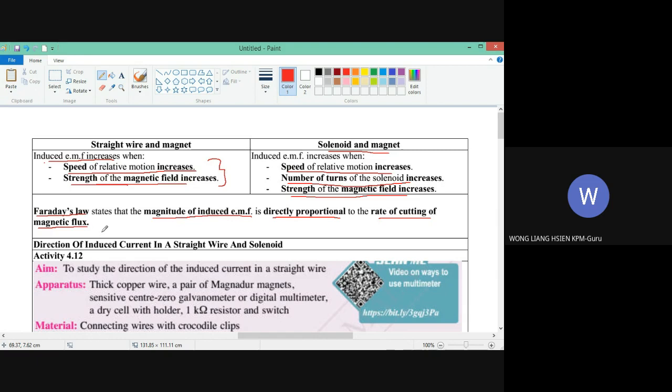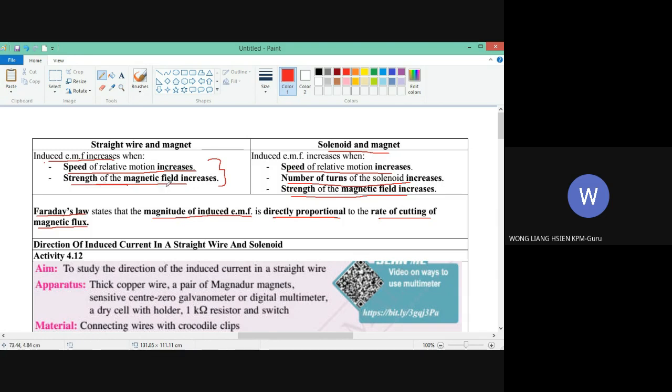Get the idea? So the Faraday law says that the magnitude of induced EMF is directly proportional to the rate of cutting of magnetic flux. This is talking about both of these at the same time. If you cut with a higher speed, then you have a higher rate of cutting.